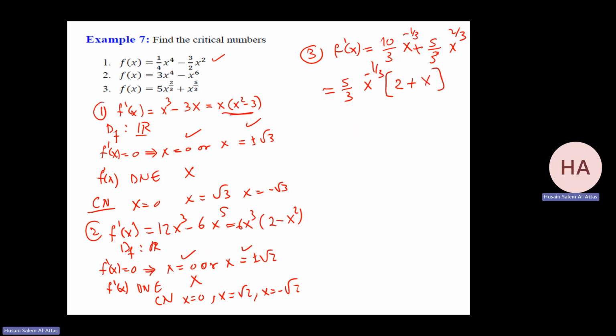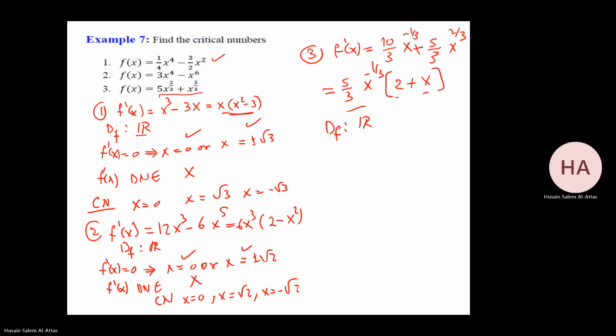Check: multiplying this by this, I have 10 over 3 x to the power minus 1 over 3, and by this, I have 5 over 3 x to the power 1 minus 1 over 3, which is 2 over 3. Now, what is the domain of f? All real numbers also, since I have no restriction on x, because it's a cube root.